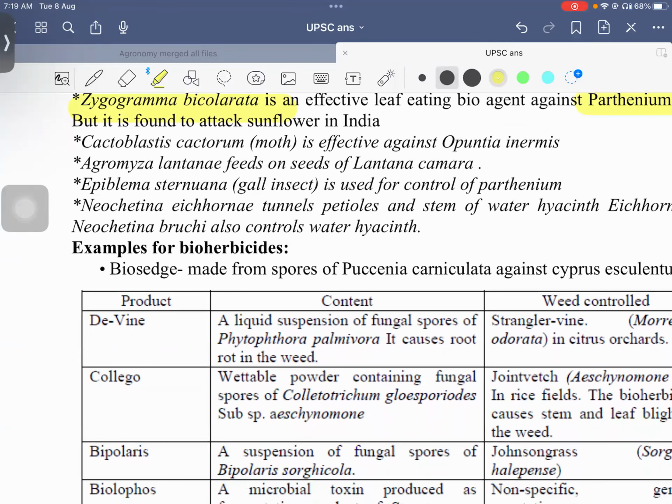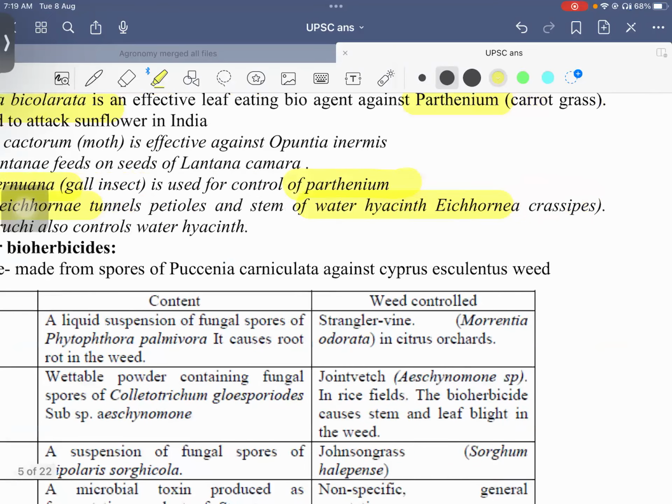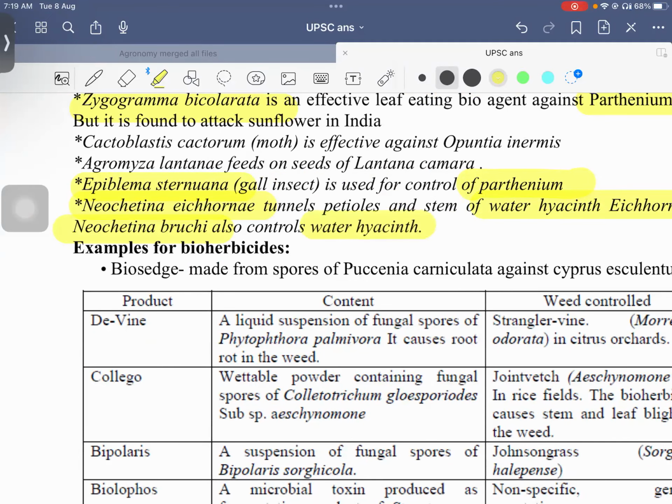Then the easy ones you just remember: Epiblema for controlling Parthenium, and Neochetina eichhorniae for controlling water hyacinth, and also Neochetina bruchi for controlling water hyacinth. Okay, so these are important ones. And also we have Agromyza, which feeds on the seeds of Lantana camara.